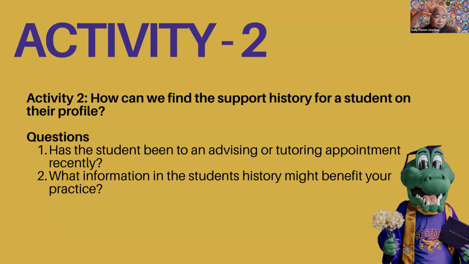And when I have advising with students, it's sometimes like half the students don't show up. And I'm irritated because I could be talking to somebody else if I knew. But anyway, I do follow up with the students if they miss my appointment.